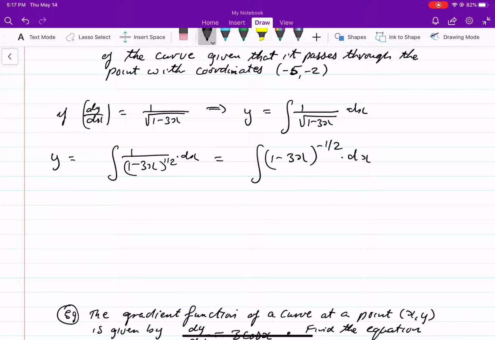I'm now integrating a function of the form integral of f of x to the n, where f of x is linear and n is not minus 1. You would remember that rule from before. What would I end up with in that scenario?